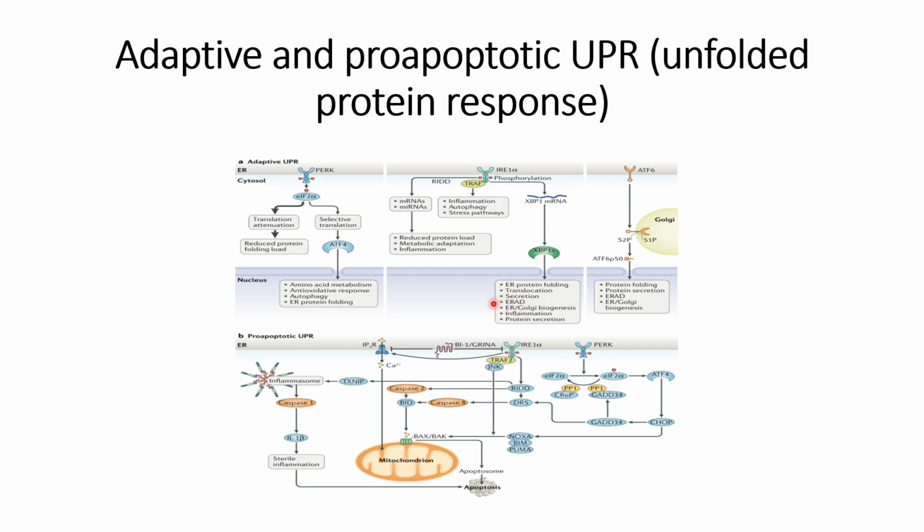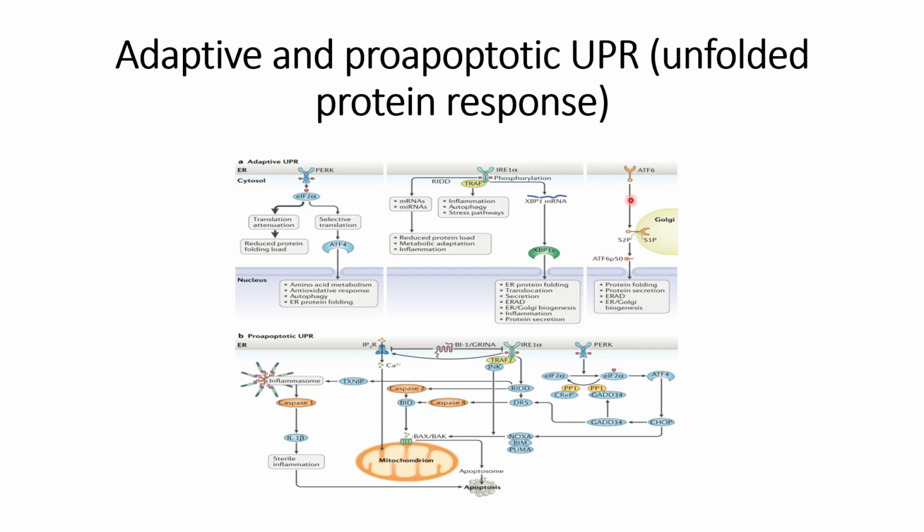ERAD pathway is basically the endoplasmic reticulum associated degradation. So those proteins that are not able to acquire their native structure even after several times in the calnexin and calreticulin cycle will be directed towards ERAD through ubiquitination.